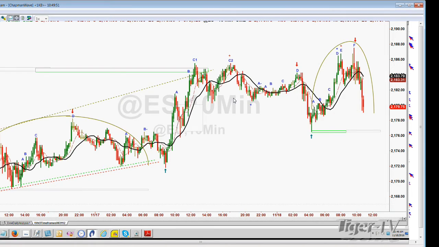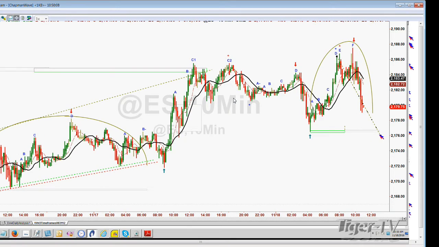And what would I do for a left side, right side price time match? I've got the midpoint right there, and I would then choose that D right there as my Chapman Wave inside wedge target line.